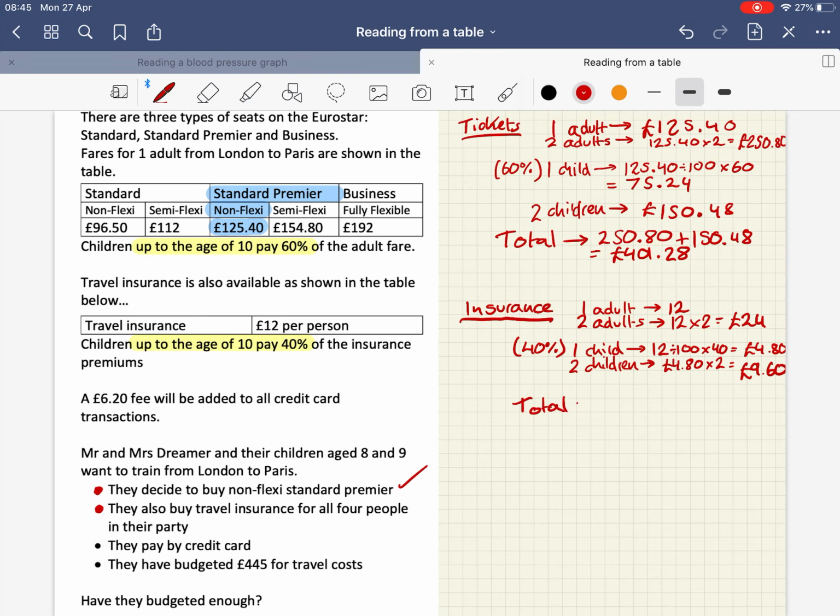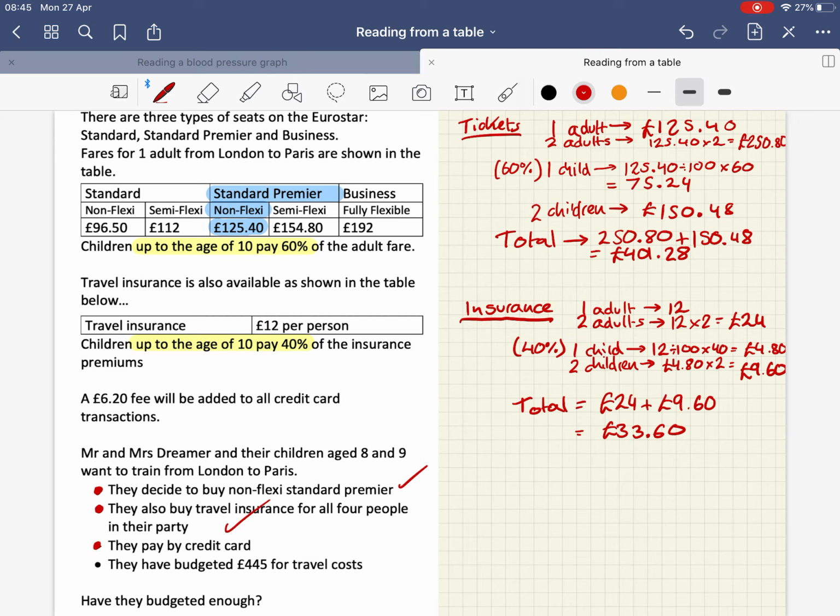So I'll total then, adding those 2 bits together, to give us a total of £33.60 for insurance. So I've done that bullet point.